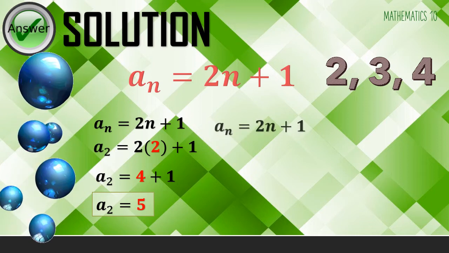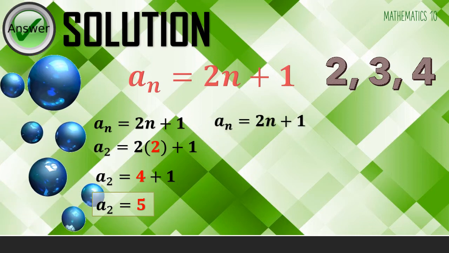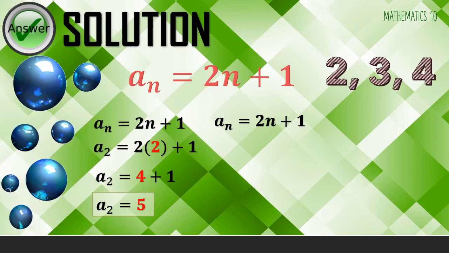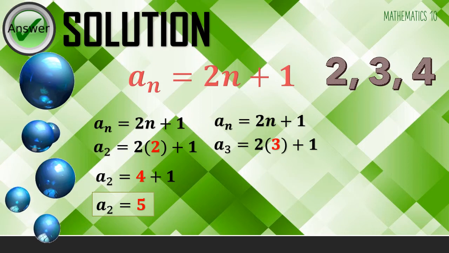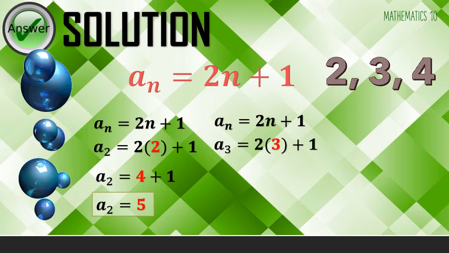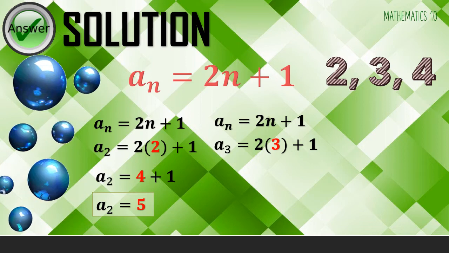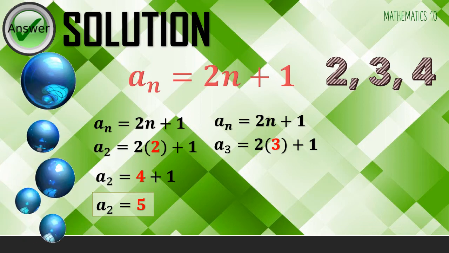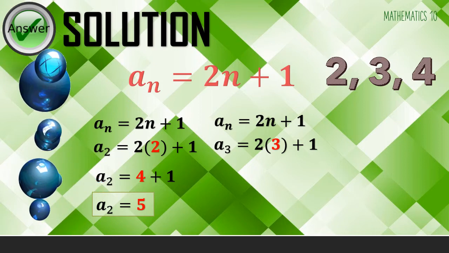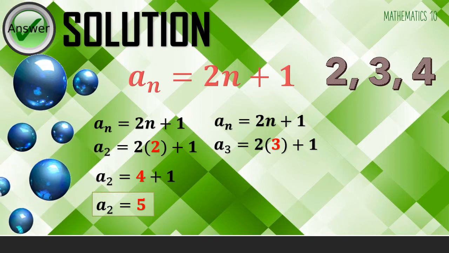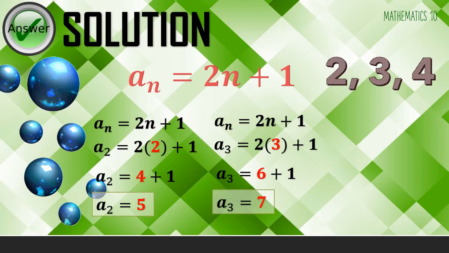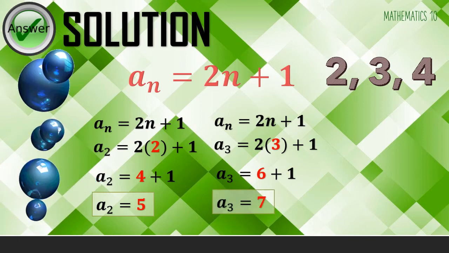Next, for 3, we rewrite the given explicit formula, change the a sub n to a sub 3, and substitute 3 for the n in the equation. So we have 2 times 3 plus 1, which is 6 plus 1, which is 7. So a sub 3 equals 7.